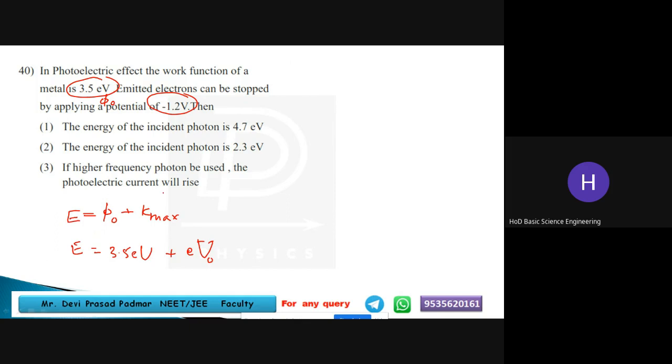So stopping potential is given as 1.2 volt. Therefore, we can write 3.5 electron volt plus e into 1.2 volt, that is 1.2 electron volt. Just calculate this.